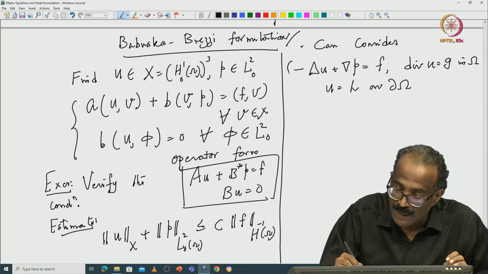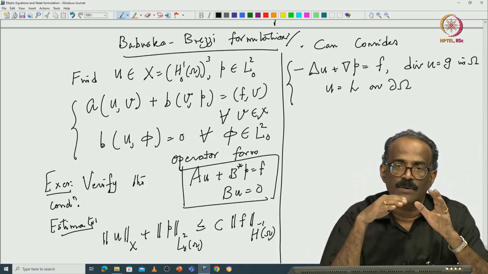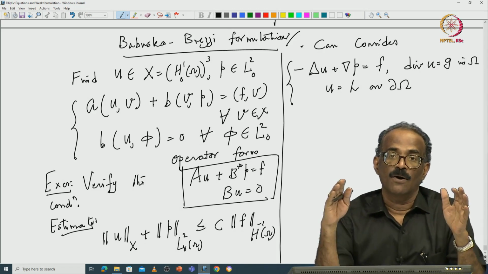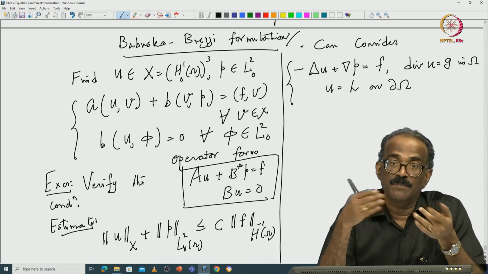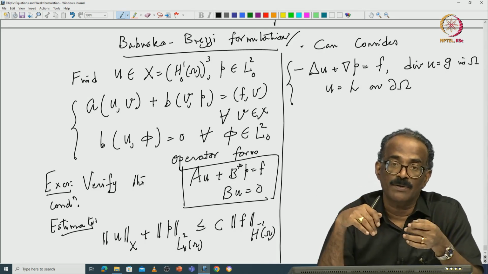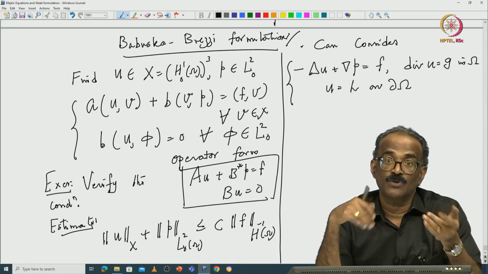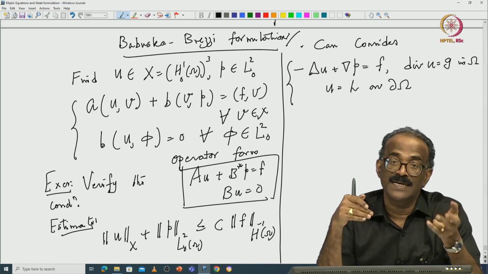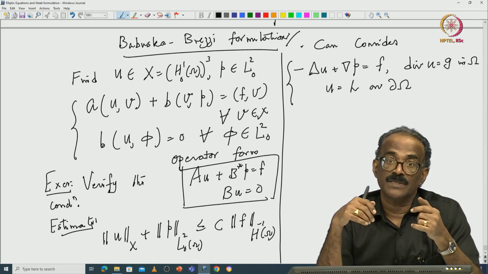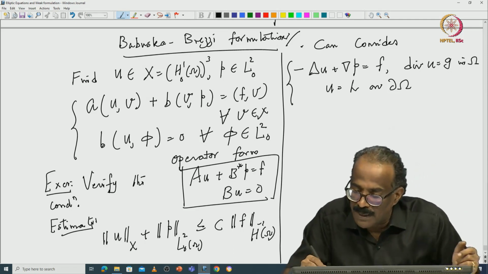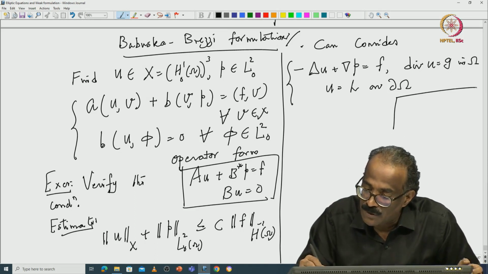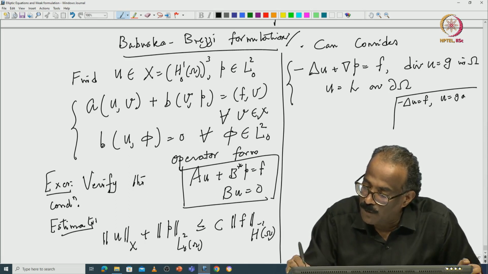Okay. Earlier, if you recall, for non-homogeneous conditions on the boundary, what do you do? You solve that part first. That means minus Laplacian of u equal to f and u equal to g on the boundary of omega.